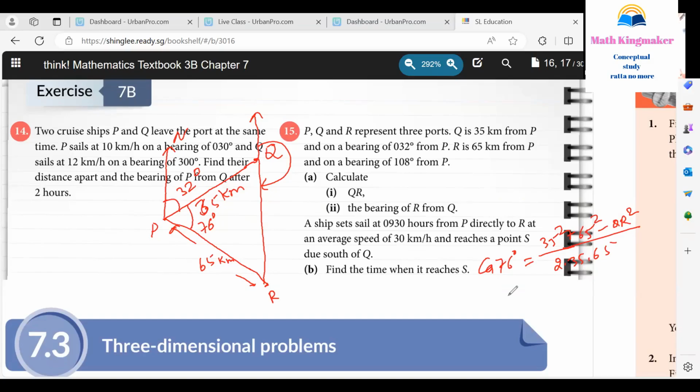It shows 2.419 into 10 to the power minus 1. Let me refresh it again and check cos 76. It's supposed to be 0.82? No, it's not 0.82, it will be very less.